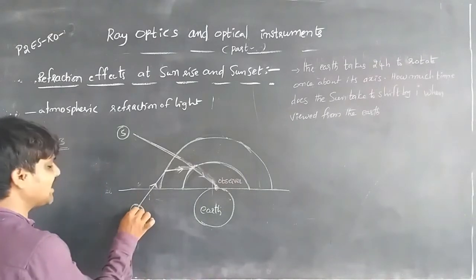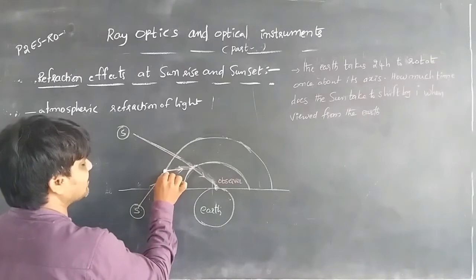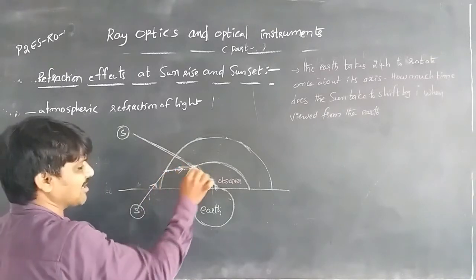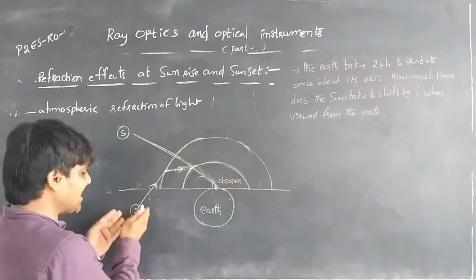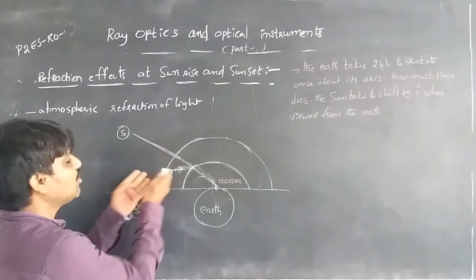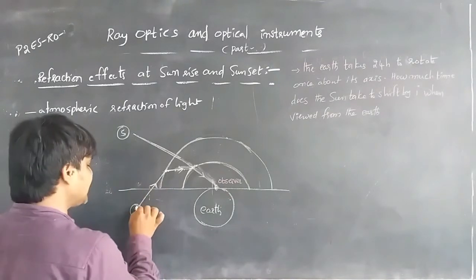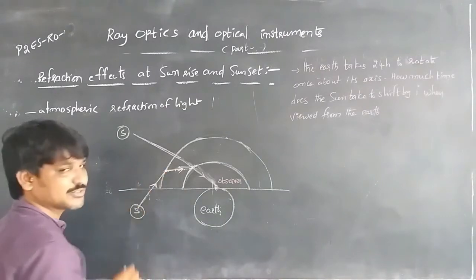When the sun rays are passing through that atmosphere, the refraction happens in each and every layer and the rays move towards the normal, because the light rays are passing from the less dense medium to the more dense medium, from the rarer medium to the denser medium. So before sunrise, the sun rays pass into the atmosphere of the earth.